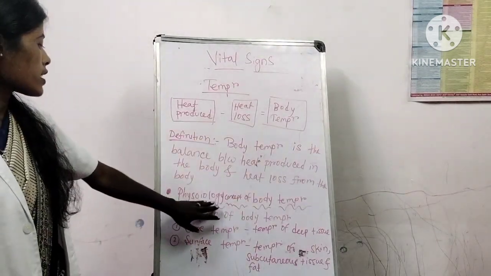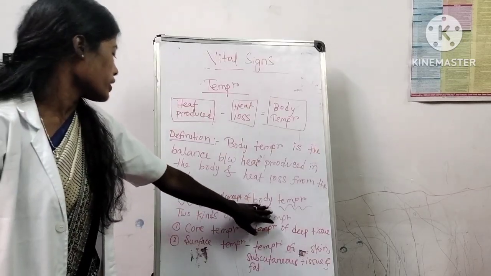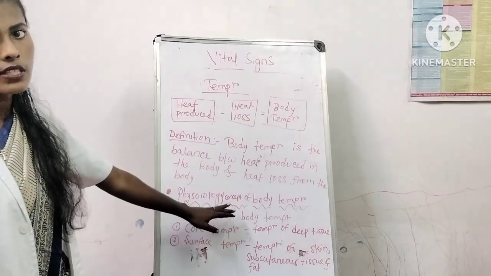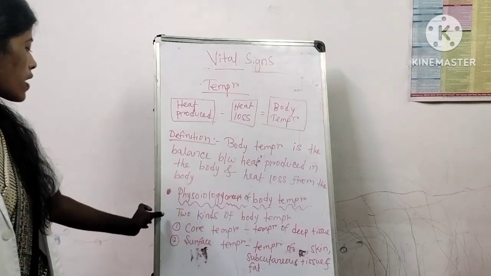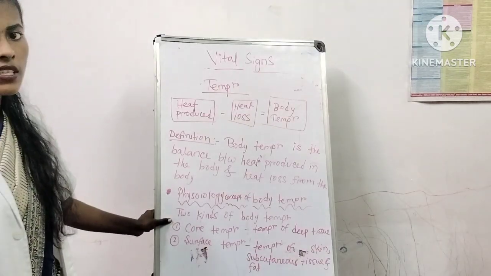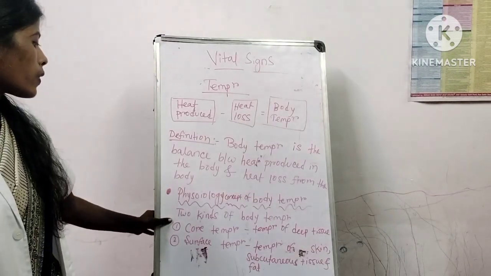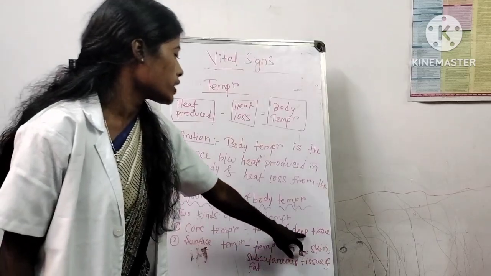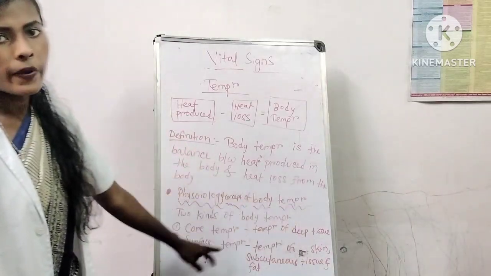Now we are seeing the physiology concept of body temperature. There are two kinds: first, core temperature, next, surface temperature. Core temperature is the temperature of deeper tissue, the internal temperature of our body.